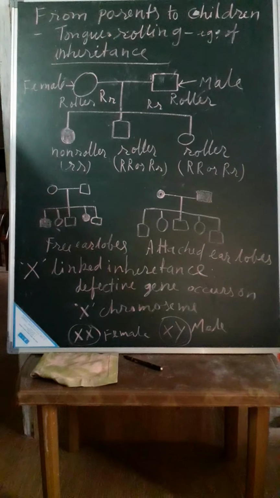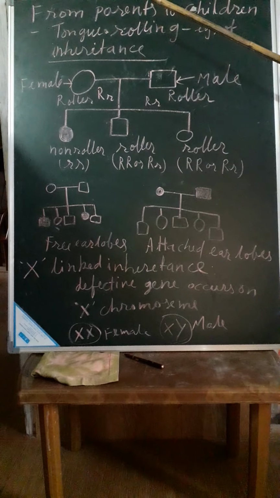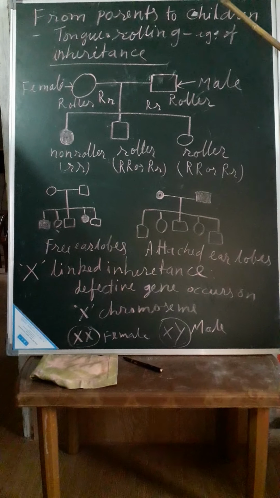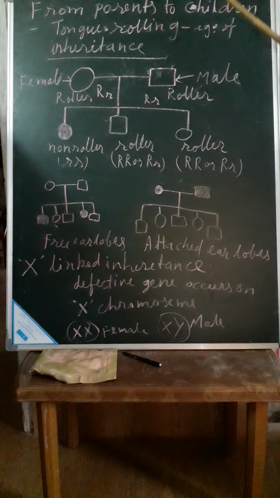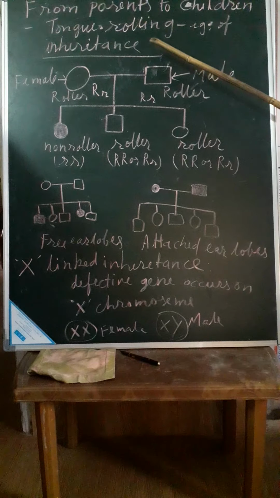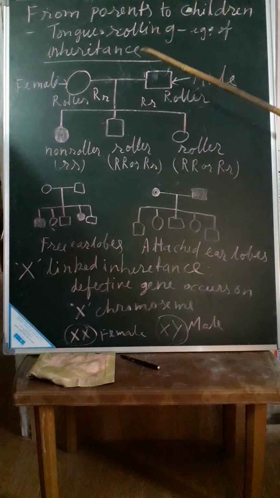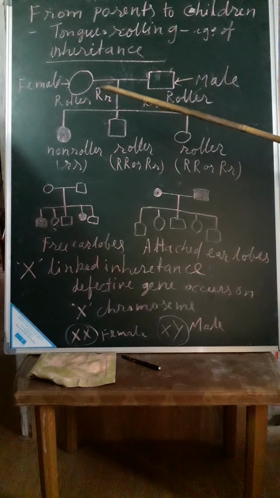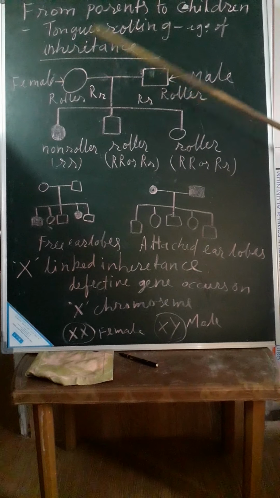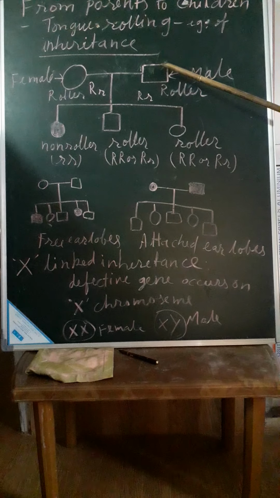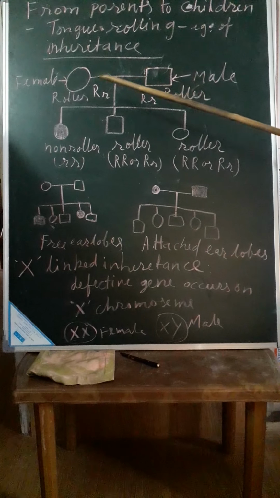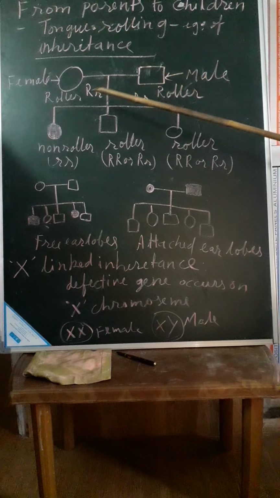From parents to children, tongue rolling is an example of inheritance. You can see here a diagram. The circle shows female and the square shows male, and both of these are parents.